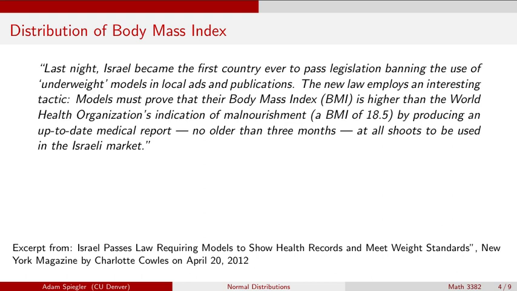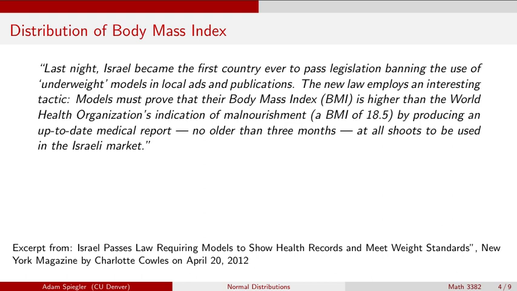And the background for the example that we're going to get into on the next slide is that about 10 years ago, Israel was concerned about body image issues, and in particular with models that were advertising certain products. They didn't want what they deemed underweight models that would give bad body image issues.